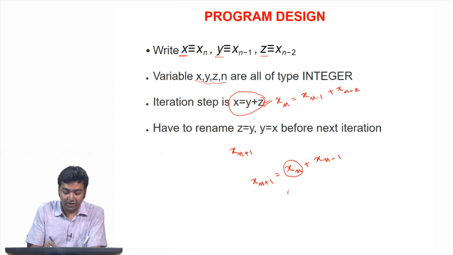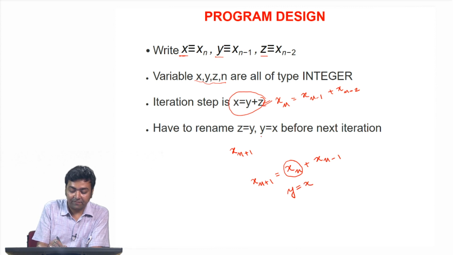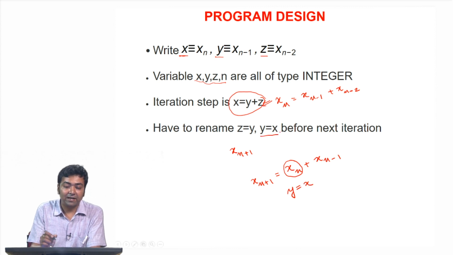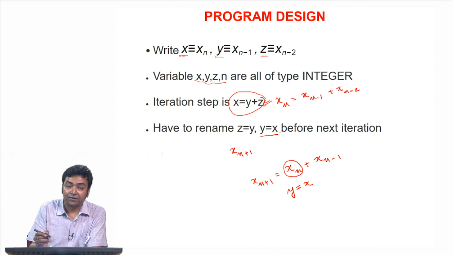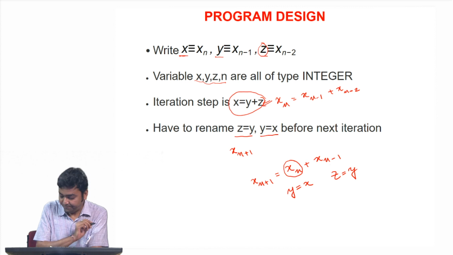So, we need to set y to x as I have mentioned here, and what was earlier xn minus 1 will be xn minus 2 for the n plus 1th step. I am storing xn minus 2 in the variable z, so I have to set z to y as I have mentioned here.